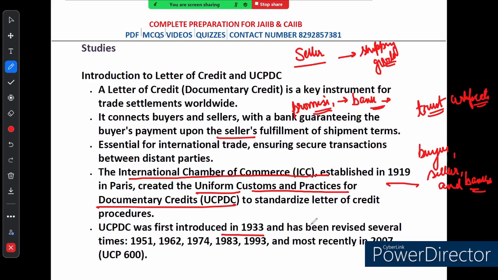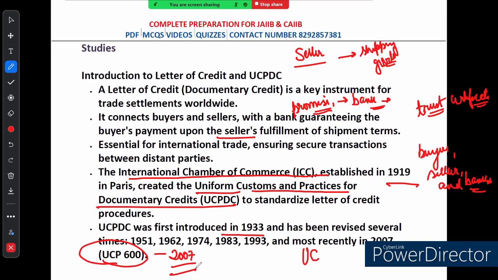The latest version, UCP 600, was released in 2007. These updates are crucial because they adapt to the evolving nature of international business, making sure transactions remain secure and trustworthy.